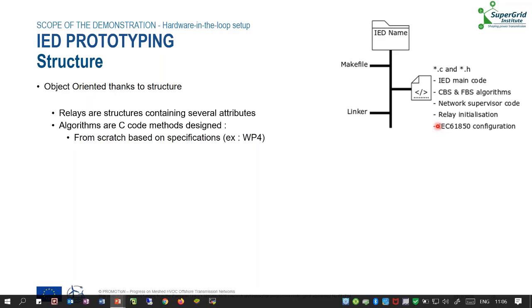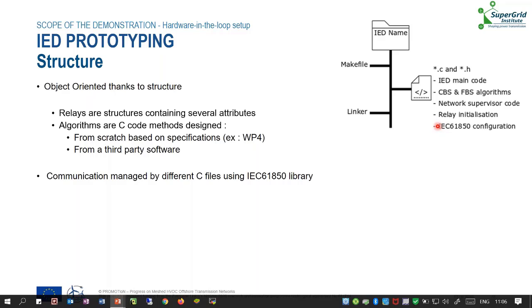The C functions are built either from scratch, via the specification from Work Package 4, or from third-party software which can generate C code. William talked about, for example, Supremica for the supervisors. For the communication aspect, it is managed by different C files that have been built thanks to the library.